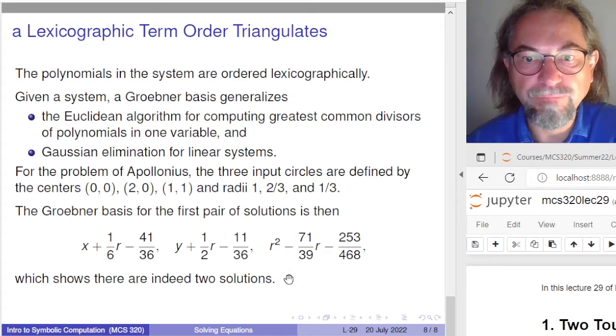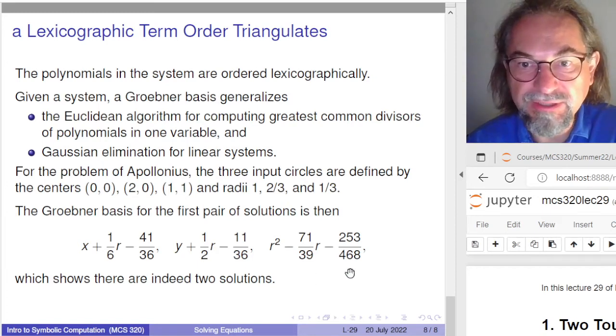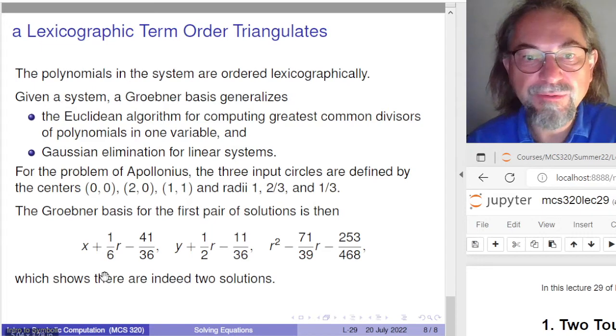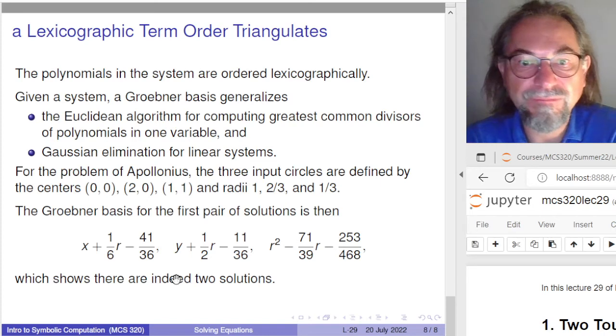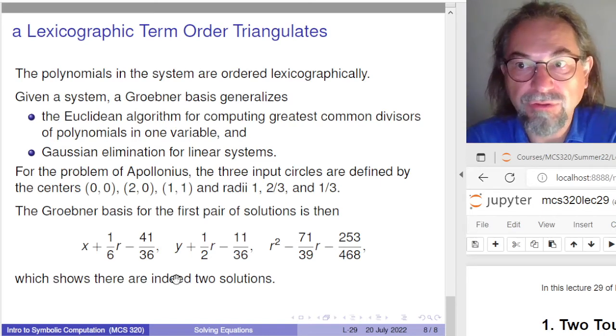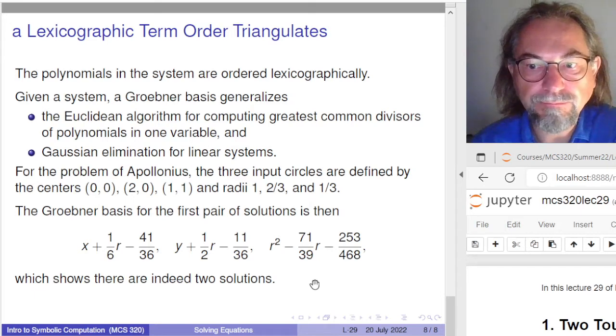If we have the two values in r, or we can actually leave r for what it is, we can see that the coordinates x and y of the center of the touching circle are explicit formulas as a function of the radius. And this shows indeed that you have two solutions for one setup of this problem.